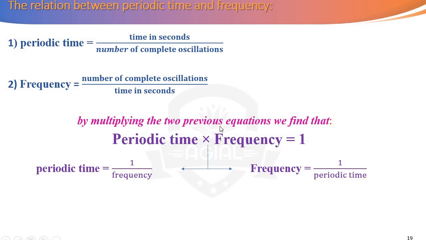By multiplying the two previous equations, we find that periodic time multiplied by frequency equals 1. So periodic time equals 1 over frequency, while frequency equals 1 over periodic time. So the frequency is inversely proportional to the periodic time, which means the frequency decreases by increasing the periodic time and vice versa.